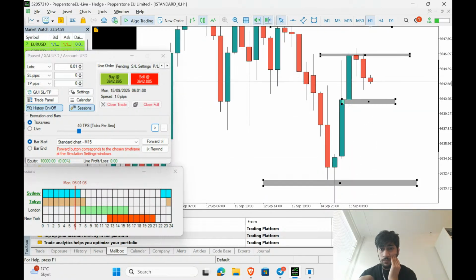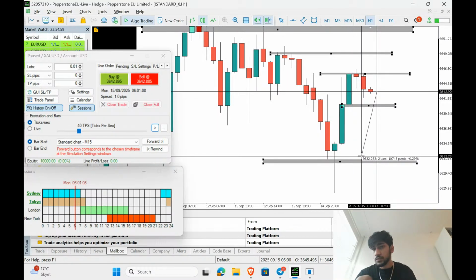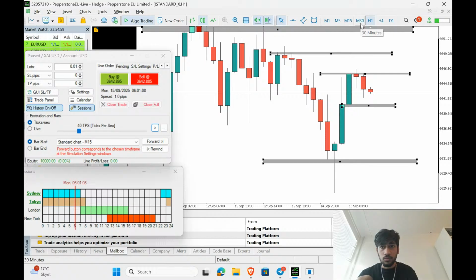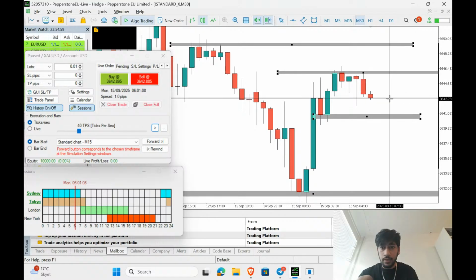On H1 we have this range. It's about a 110 pip range, from 30 to 42. If you want to sell, we need confirmation on the lower time frame, 30 minutes. But on 30 minutes we have this rejection.